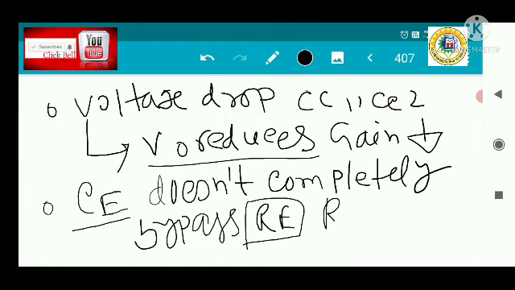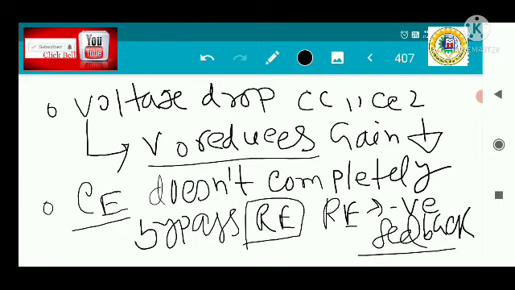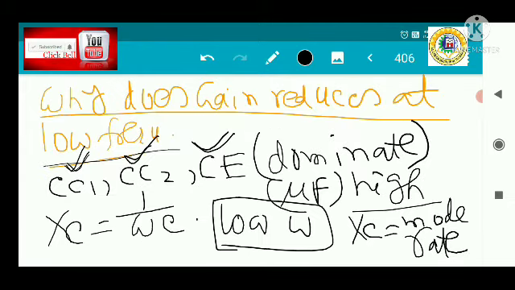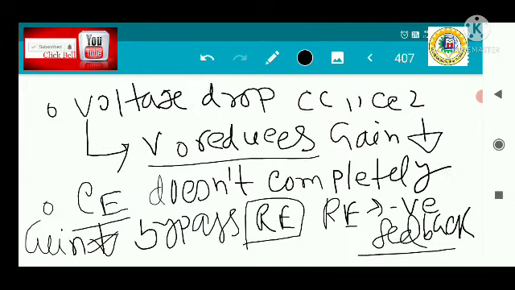RE is responsible for negative feedback, so if it is not bypassed completely, negative feedback exists in the circuit, and for that reason gain reduces. These are the two factors responsible for the gain reducing at low frequency.